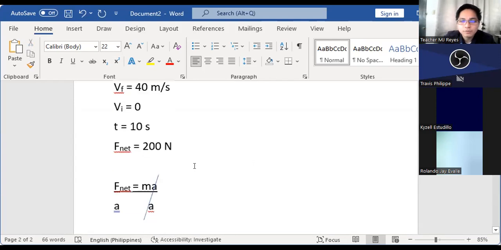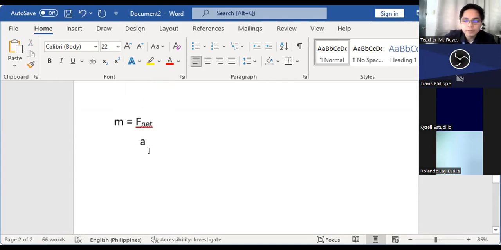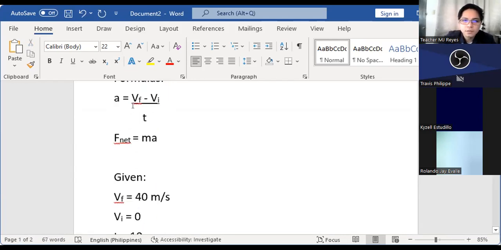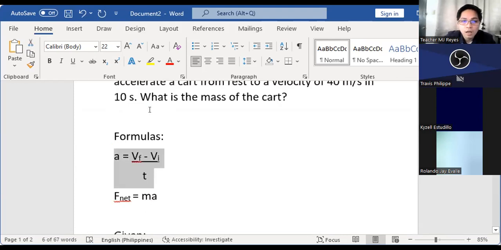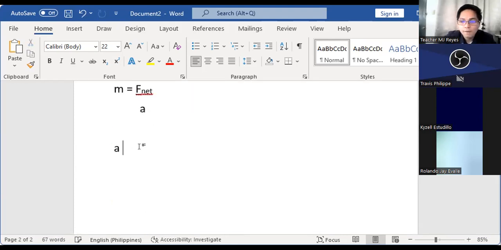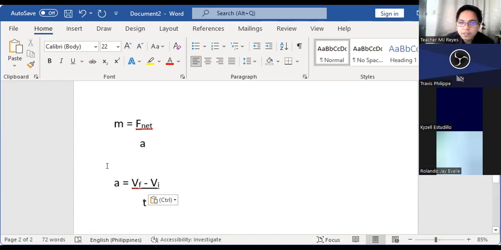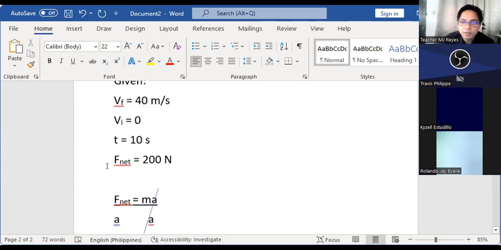Now we need to first solve for the value of acceleration. So what is the formula of acceleration? Acceleration is equal to final velocity minus initial velocity over time.